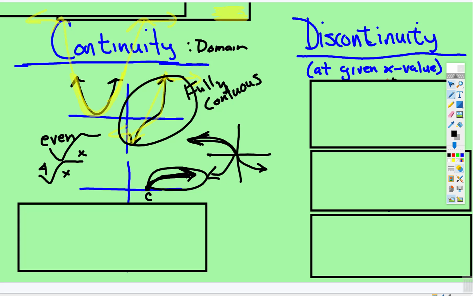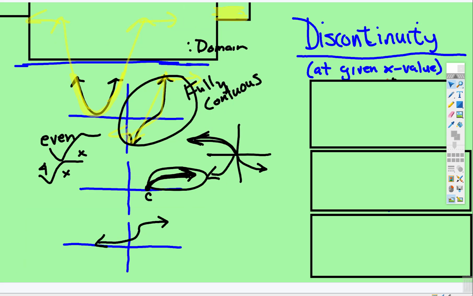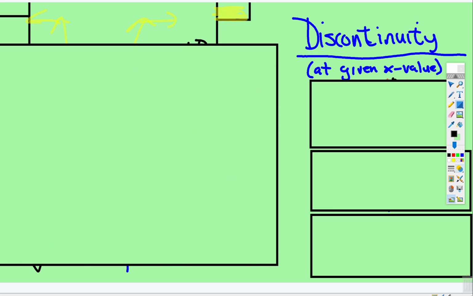fully continuous. And then there are odd roots. So cube root, fifth root, seventh root, you get the idea? Those are fully continuous. They'll be a little bit more curvy if it's a fifth root or seventh root, but fully continuous. So these are all continuous graphs. There are no breaks.